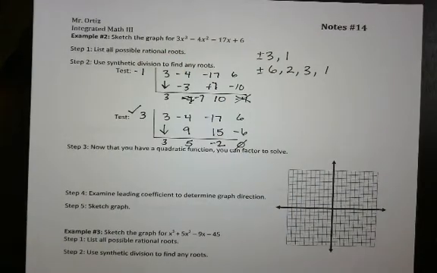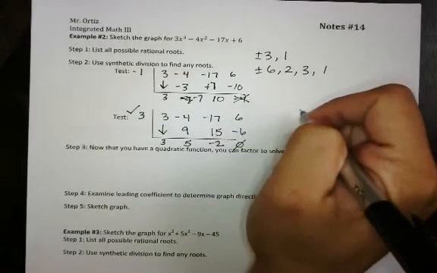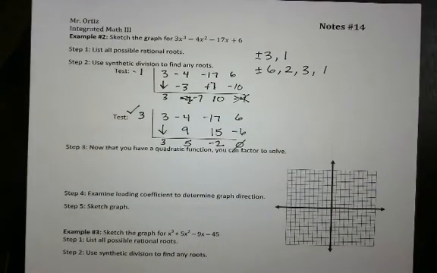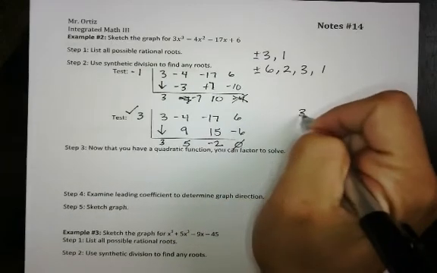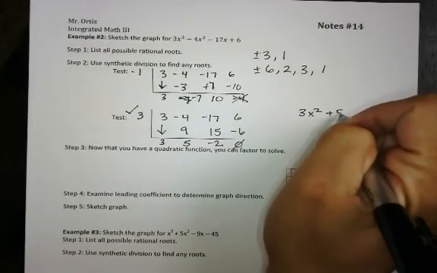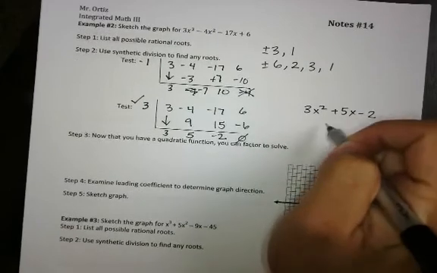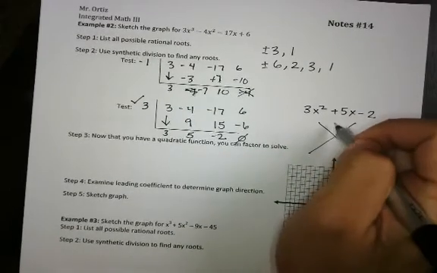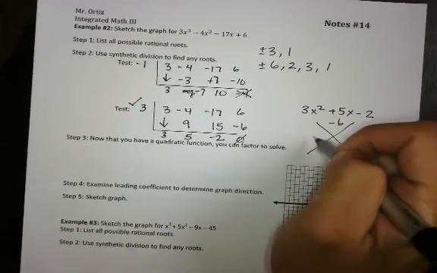So 3, 9, 5, 15, -2, -6, 0. 3 works. So 3 is one of our solutions. We got very lucky because I know there's opportunities where things may not work.